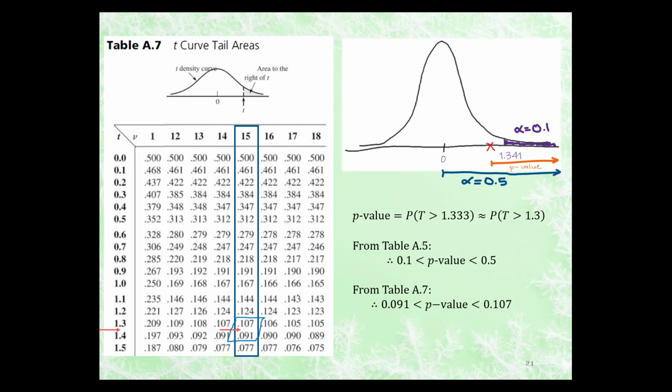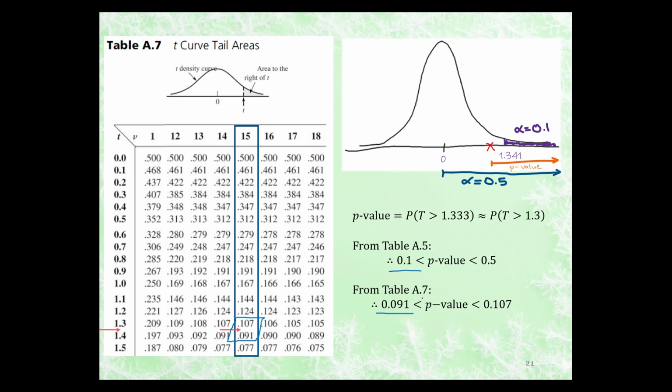So that tells us that our p-value is between 0.091 and 0.107. Now you can see these overlap, but this value is a bit smaller than the one we have over there. So we know the p-value has to be at least 0.1.